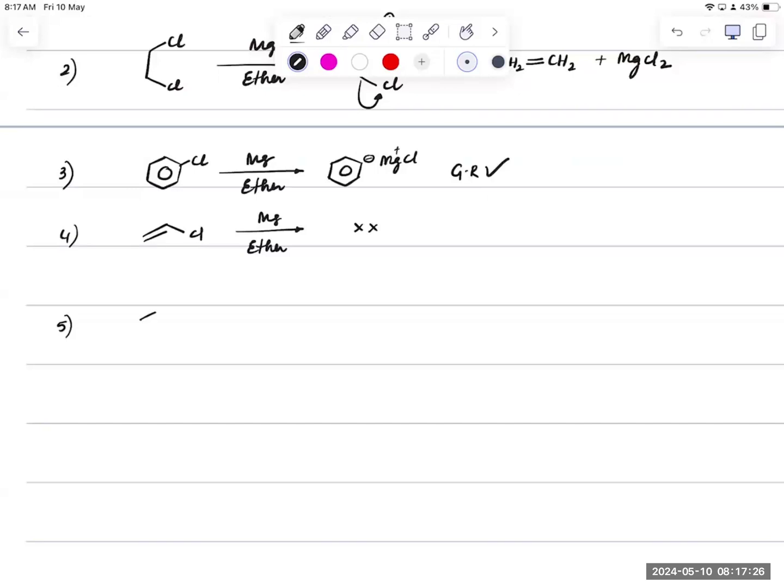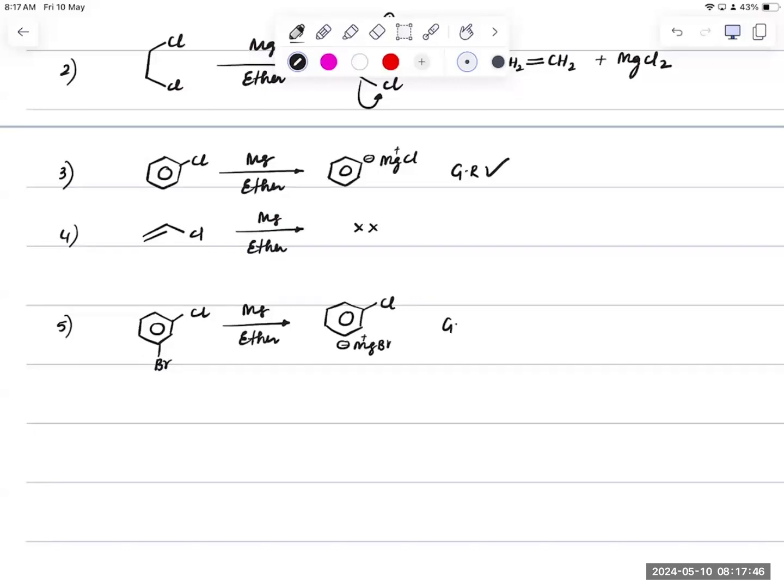Fifth one, if you have chlorine here and bromine here, okay, like this, and then I have magnesium and ether. Reactivity wise, because magnesium is more reactive, you will get formation at this location.